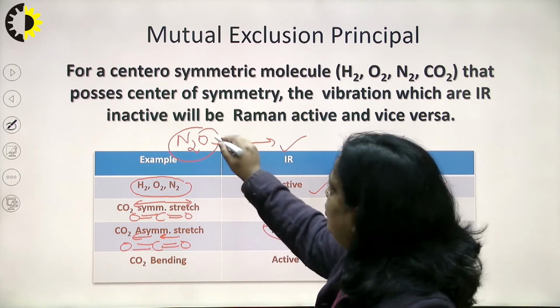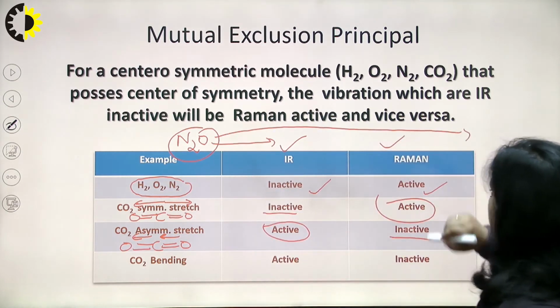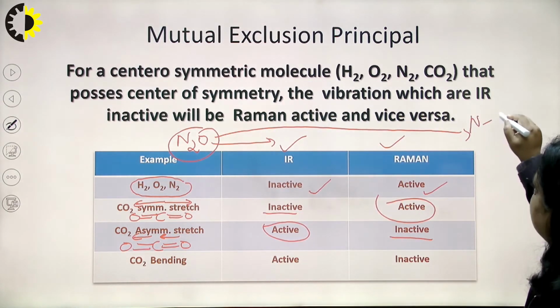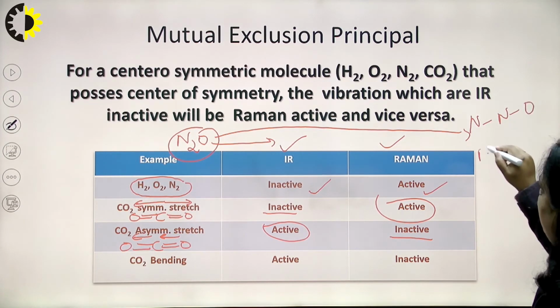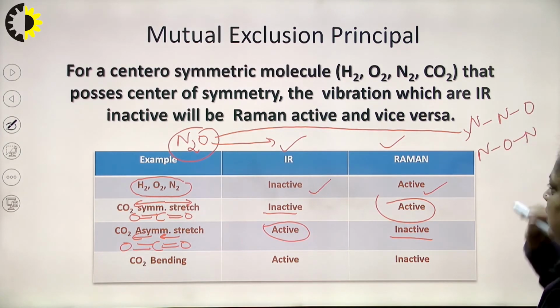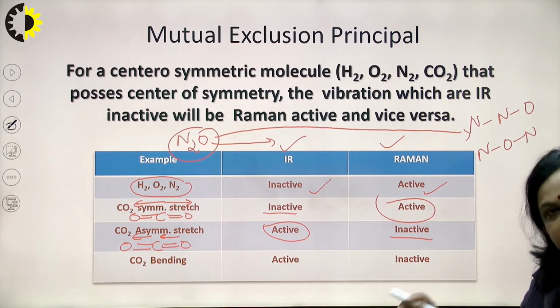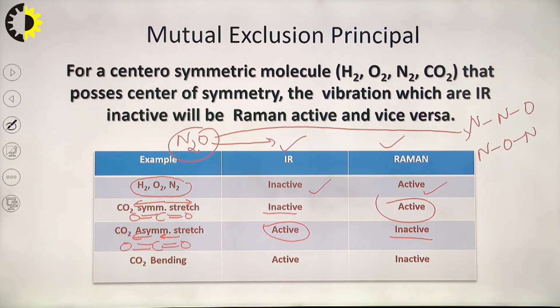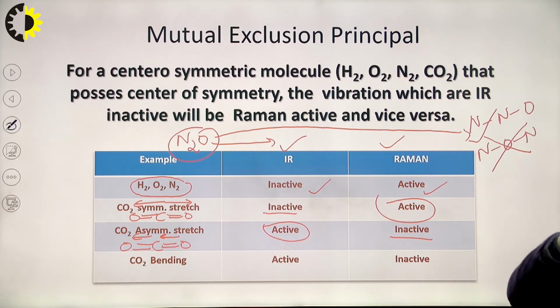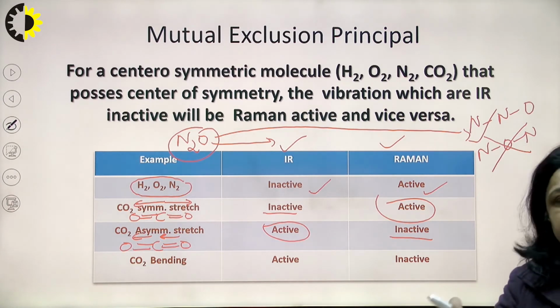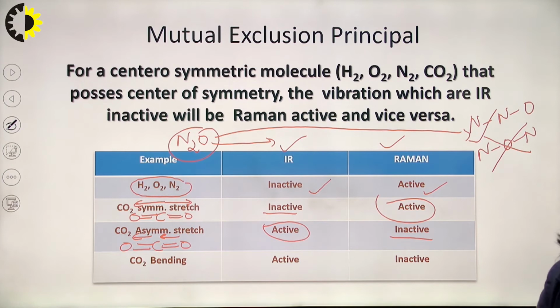In case of N2O, when we consider the structure, the arrangement may be like this or like this. But since as per the mutual exclusion principle both vibrations are active, it will not contain a center of symmetry, that is, this form will not be there. So, N2O has this type of bonding, that is N bond N then bond with O.